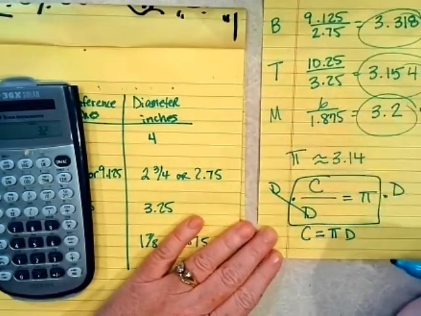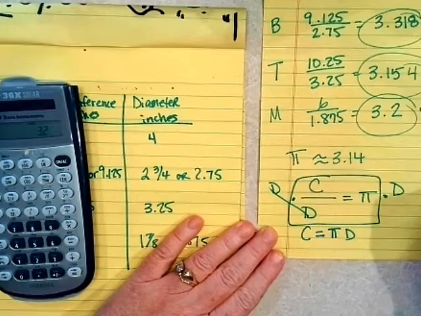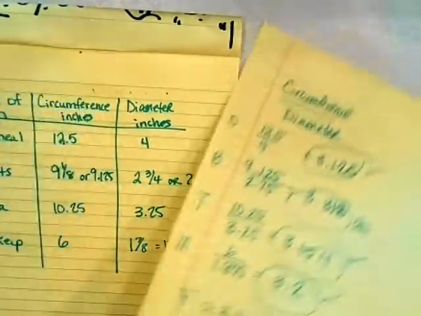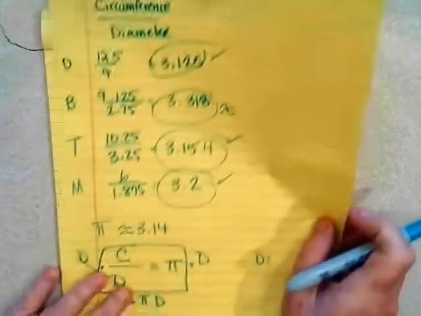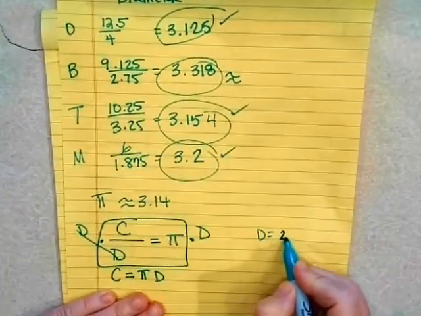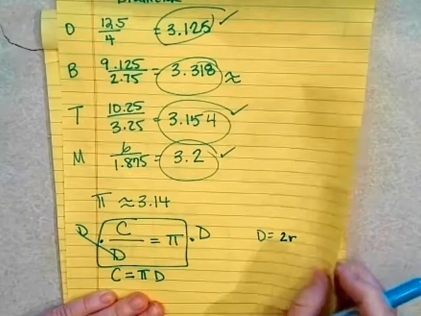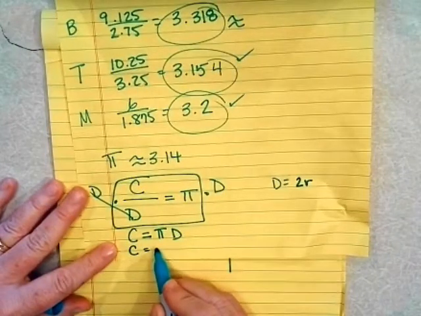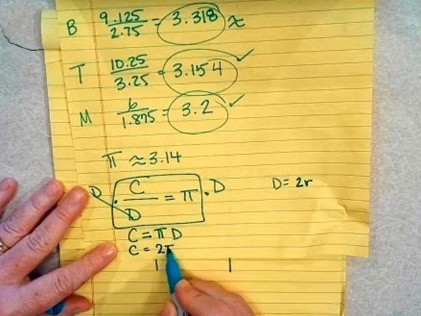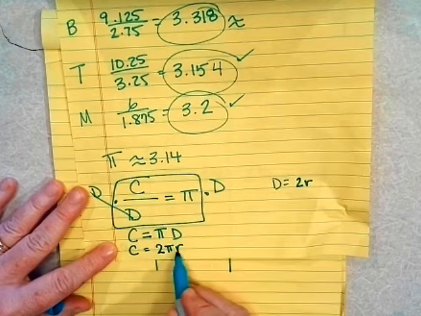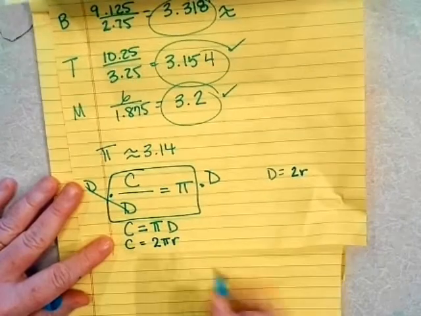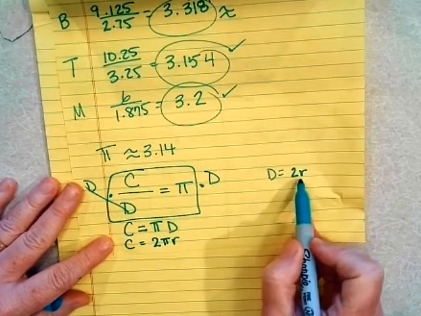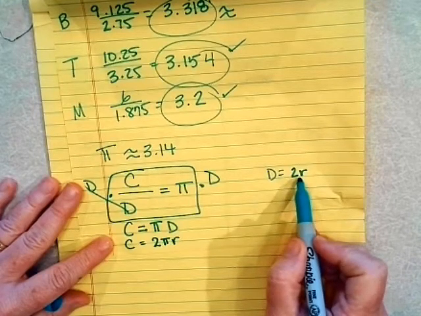We've worked this entire thing with the diameter, but you know that the diameter is equal to two times the radius. So you could have C equals 2 times pi times r. See, the 2 and the r normally are put in this order, 2 pi r, but that comes from the fact that the diameter is equal to 2 times r.